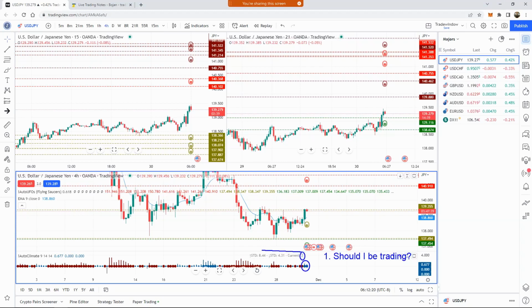And that too late, you can define it to yourself. I typically, myself personally, don't trade if this current number exceeds the standard deviation number at all. So if this was currently on the ninth 4-hour increment out of 9, I would not be trading this instrument.